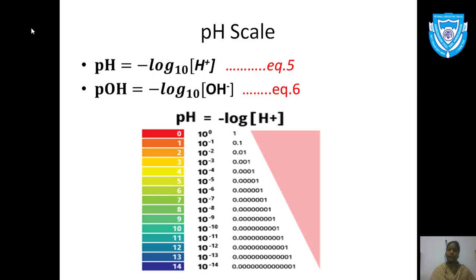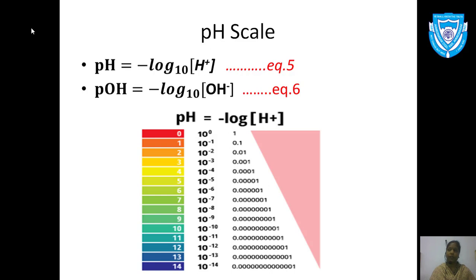So this scale is introduced, and it is convenient to express the H plus ion concentration. How? Instead of saying that the concentration of H plus ion is 0.00000007, that is 10 raised to minus 8, it's very easy to say that pH is 8.